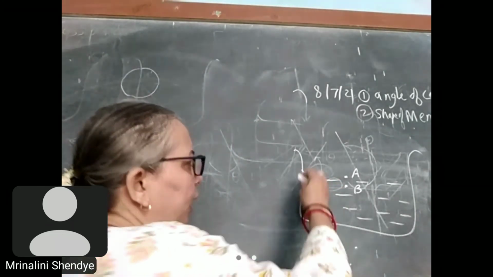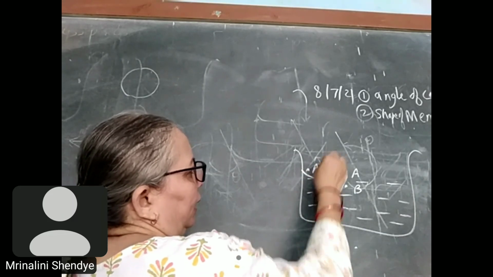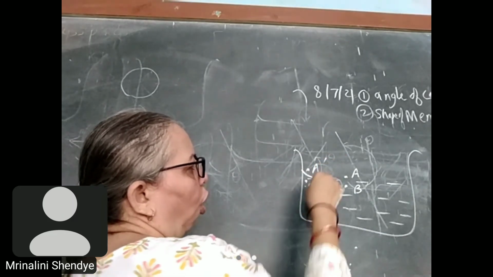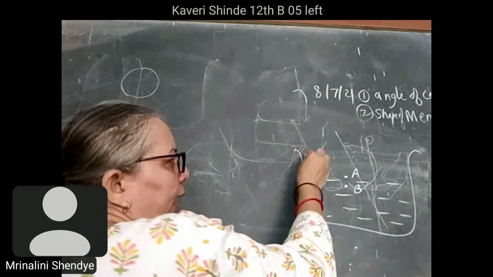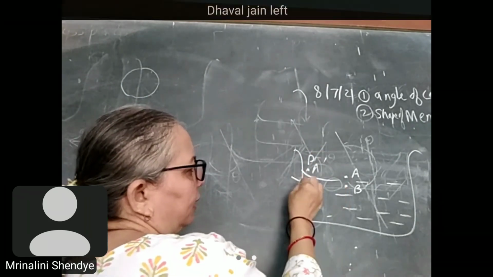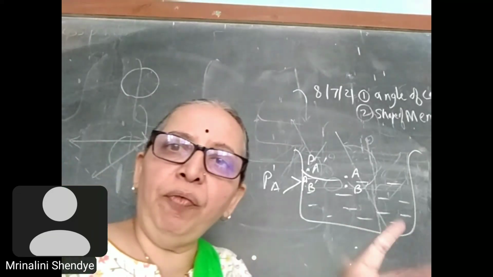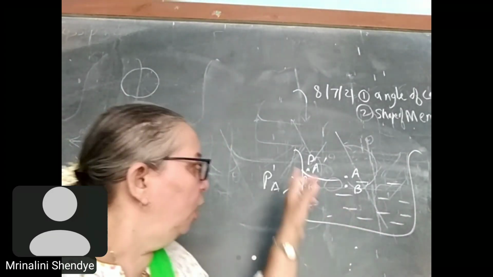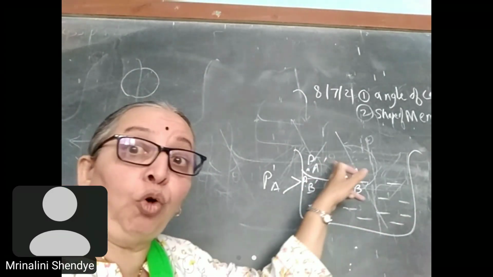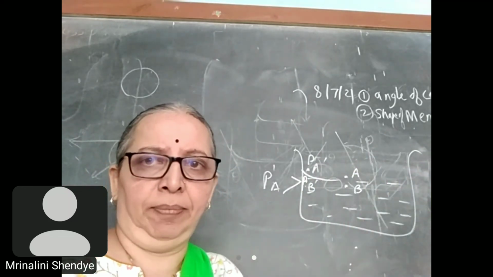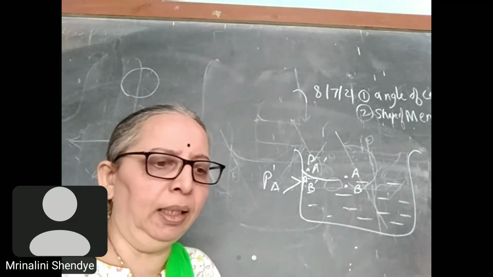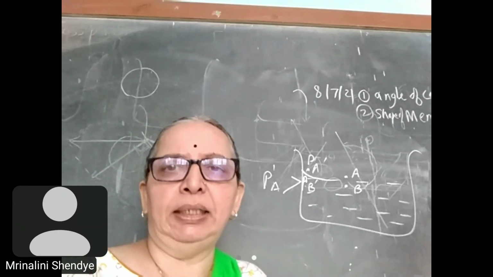If you select 2 points A dash, B dash, then it is observed pressure at A dash is always greater than pressure at B dash. We always get excess pressure on the side of concave surface, and that excess pressure is explained by scientist Laplace.